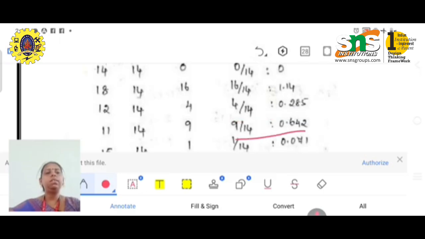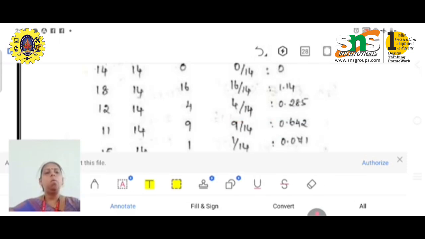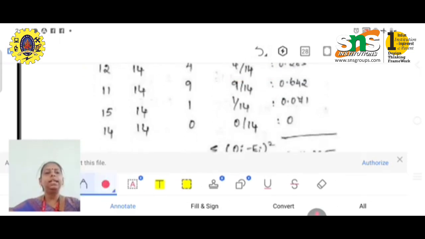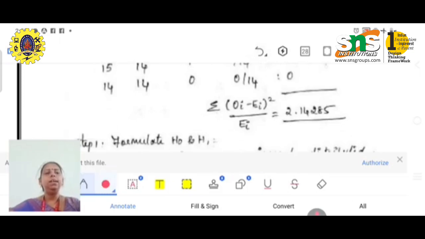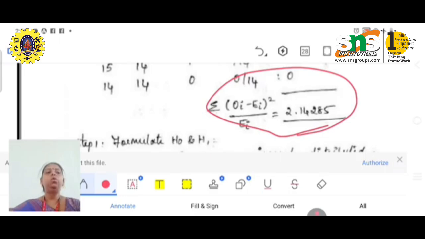The next one is 9 by 14, 0.642. The next entry is 1 by 14, that is 0.071. The next one is 0 by 14, which is equal to 0. Hence, finally adding, we get summation (OI minus EI) whole square by EI equal to 2.1425.